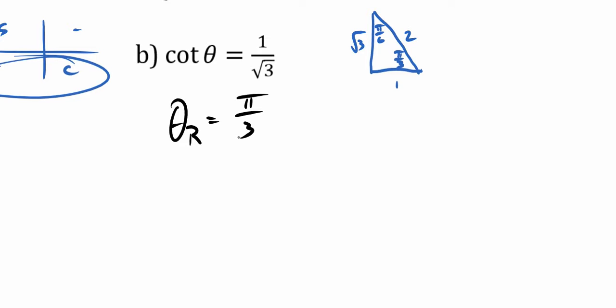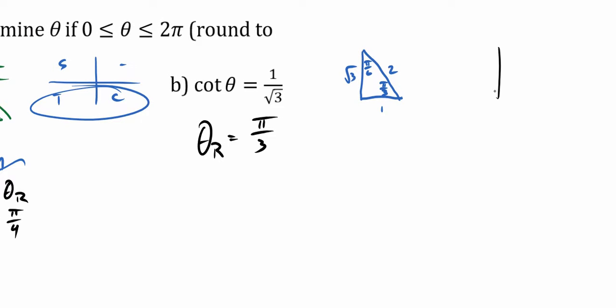All of that was figure out theta related. We also want to think about CAST. So we're talking tangent here. Taking the reciprocal of something never changes the sign. So cotangent and tangent is the same. So where are they positive there?